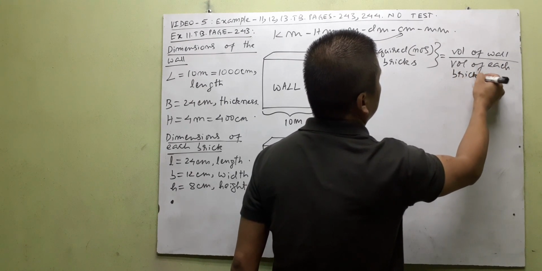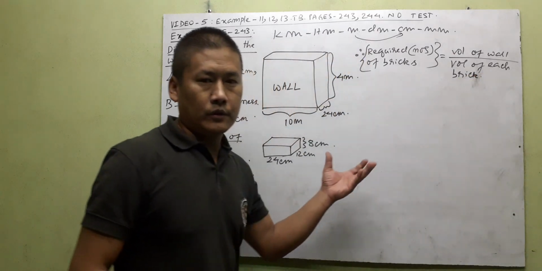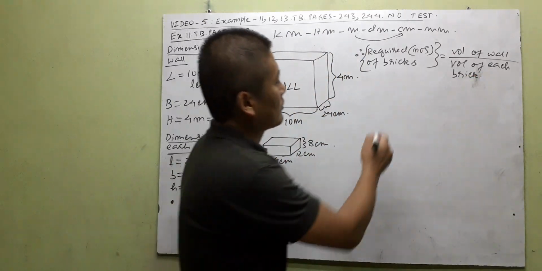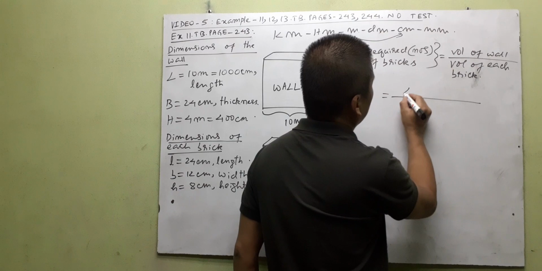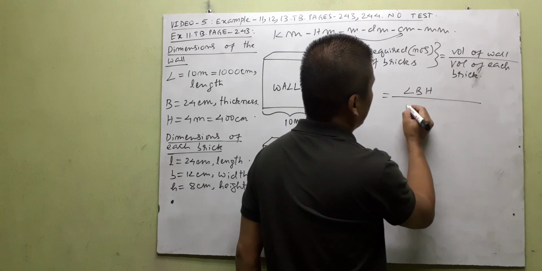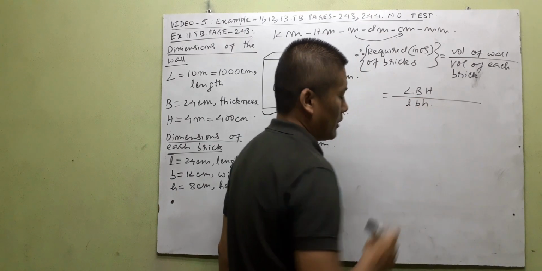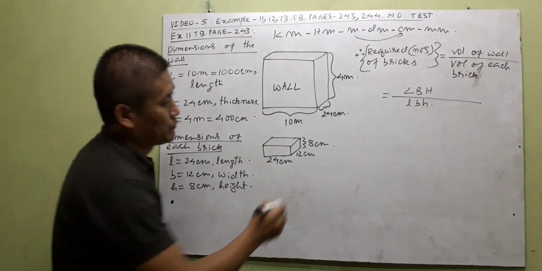That will give you the answer for the number of bricks that you need in order to build this wall. Volume of the wall is a cuboid, capital LBH; for the brick we use small letters.